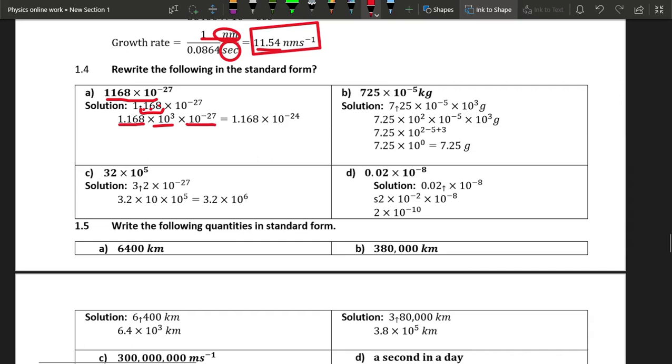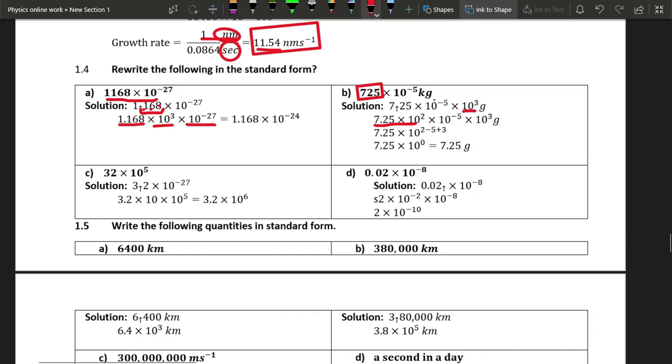Now the next question is 725 into 10 raised to power minus 5. First of all you must convert this number to between 1 and 10. How can you convert? Move the point after 7. How many places do we move? 2 places. So we write this number as 7.25 into 10 raised to power 2 and 10 raised to power minus 5 into 10 raised to power 3.